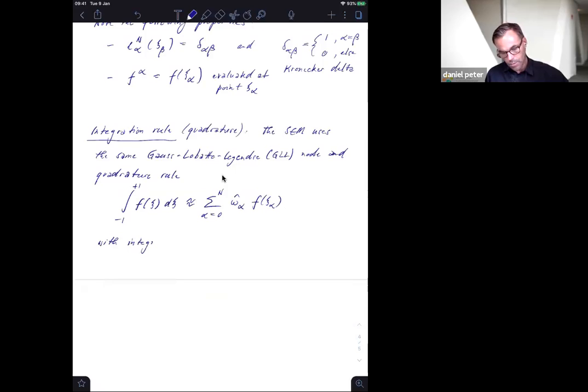These omega are called the integration weights. So you see the integral will not be evaluated analytically, but we approximate it by this sum of the function value at each nodal point times a weight.